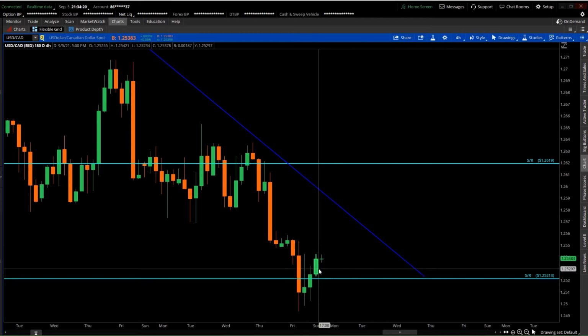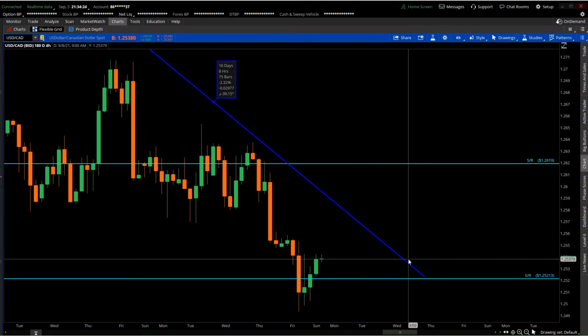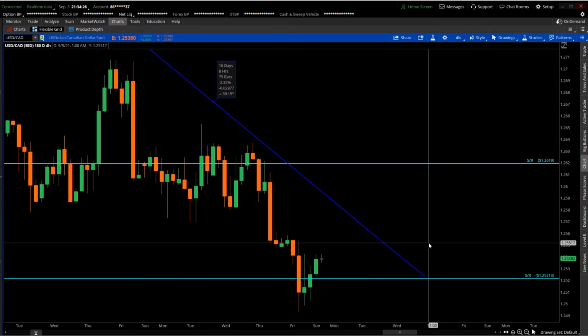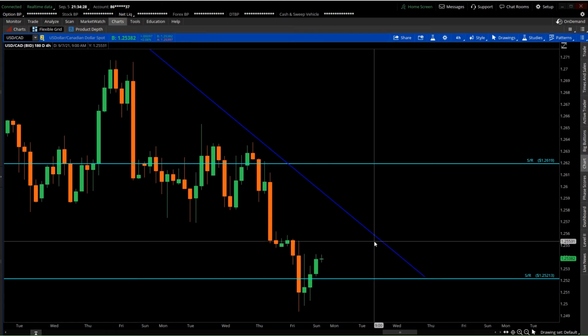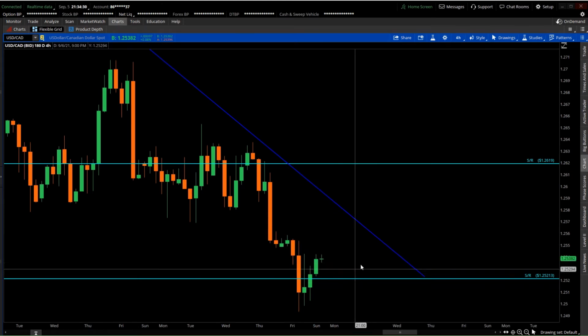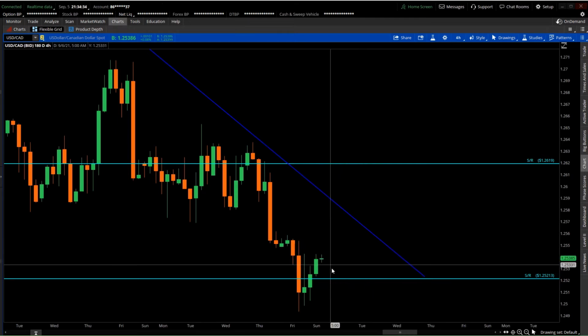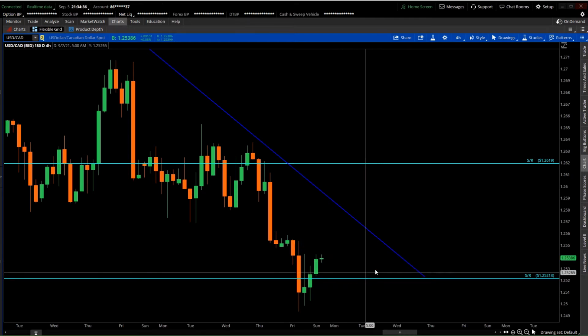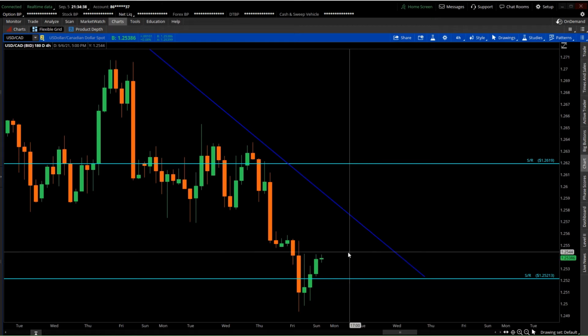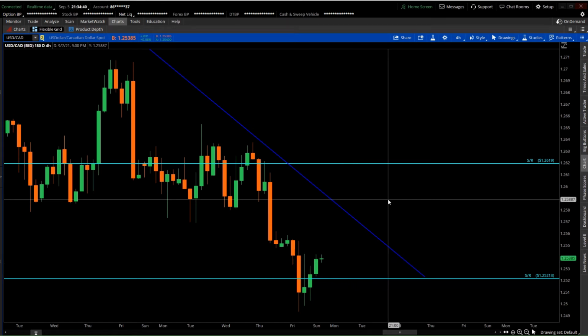So eventually, as price is moving towards the right, time is moving to the left. So I believe this whole area right here is where I think price would break towards the upside.